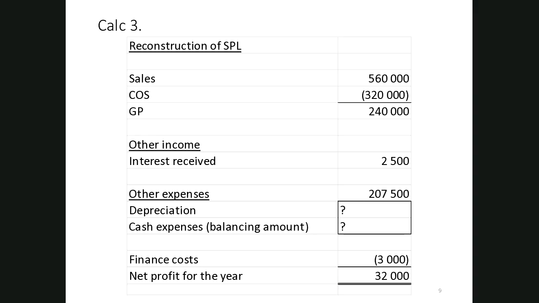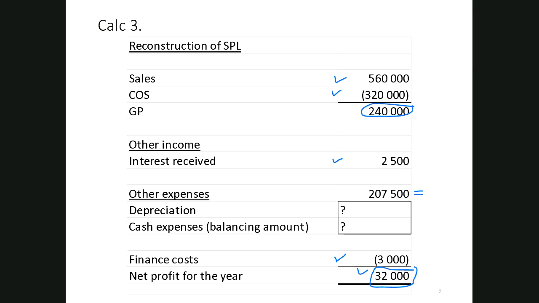So in your SPL, the sales and the cost of sales they've given us, which means you can work out gross profit. Sales minus cost of sales gives gross profit. They've given us interest received in the question, and they've given us interest paid. And remember the net profit amount they've given us as well, because that came from the statement of changes in equity. So that amount we have. So this amount of 207,500 is basically a balancing amount. You need to just work it out yourself.